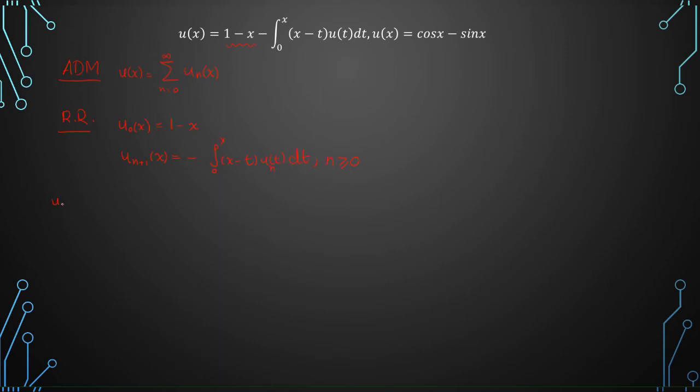Now let's get the value of u1 of x, where n is equal to 0: minus the integration from 0 to x of (x minus t) u0 of t dt, and this will be equal to minus the integration from 0 to x of (x minus t)(1 minus t) dt.